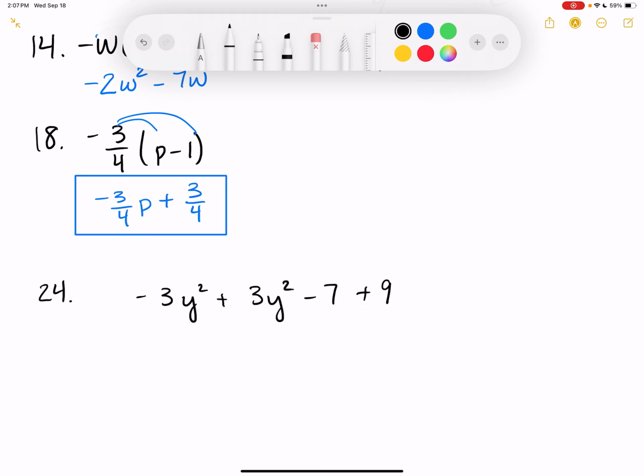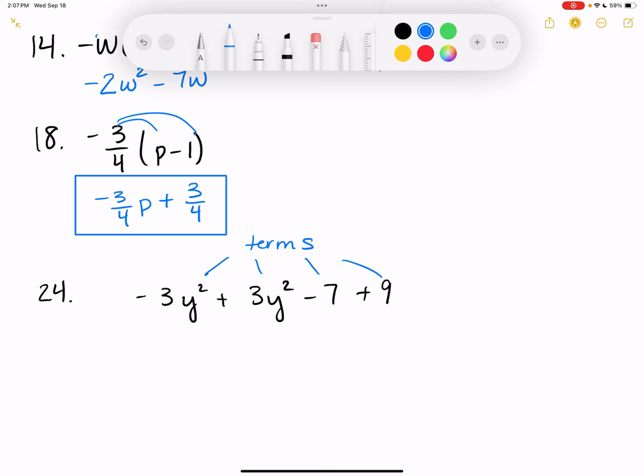So what are the terms? Negative 3y squared, 3y squared, negative 7 and 9. Yep, each of these pieces are the terms as a whole.